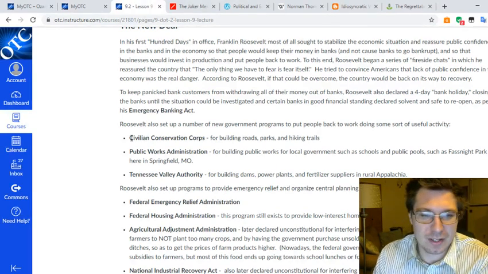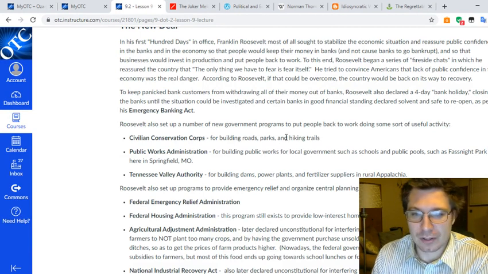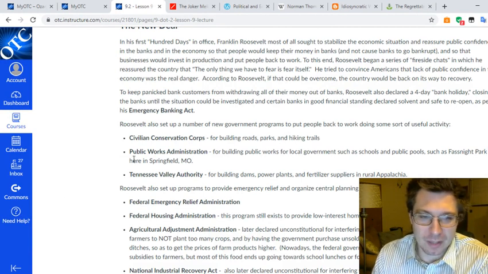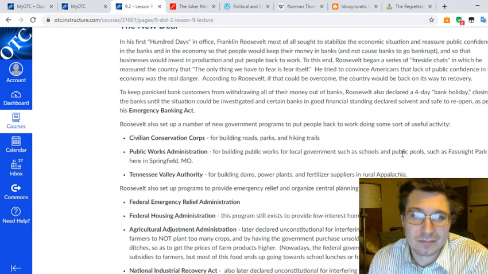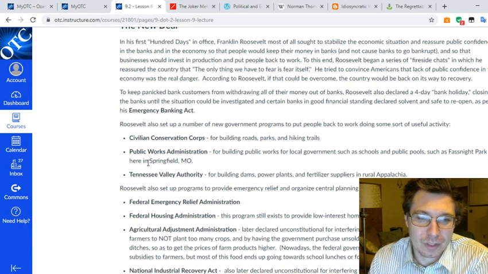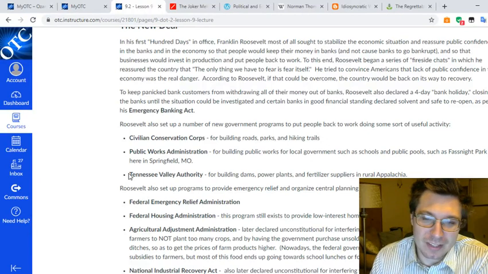So, for example, the Civilian Conservation Corps for building roads, parks, and hiking trails. The Public Works Administration for building public works for local government, such as schools and public pools, such as Fassnight Park here in Springfield, Missouri, which was built under the PWA. The Tennessee Valley Authority, having the government build dams, power plants, and fertilizer suppliers in rural Appalachia.